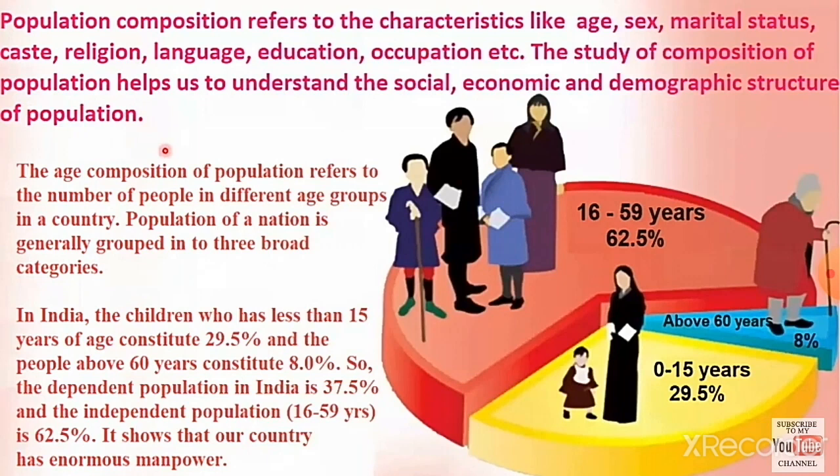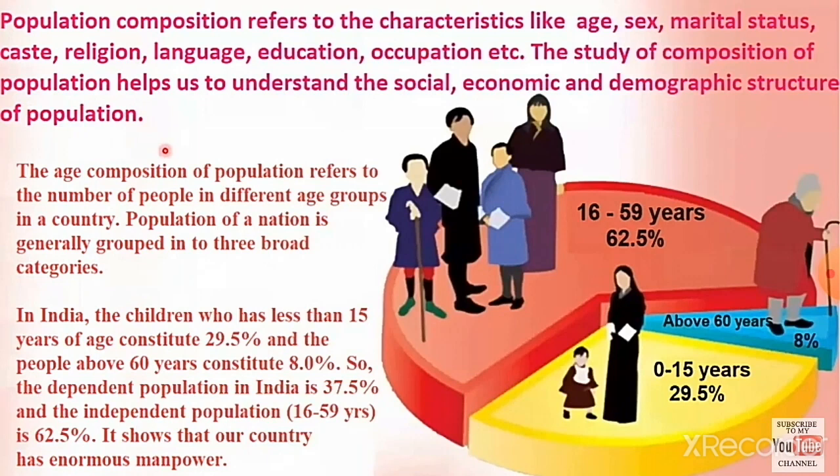The age composition of population refers to the number of people in different age groups in a country. Population of a nation is generally grouped into three broad categories. The age composition is classified into children less than 15 years of age, the people above 60 years, and the people between 16 to 59 years.